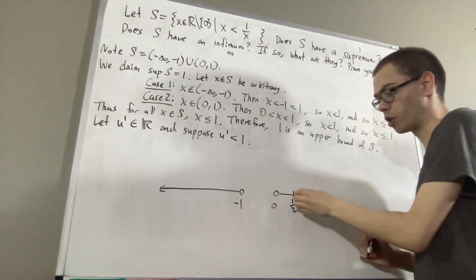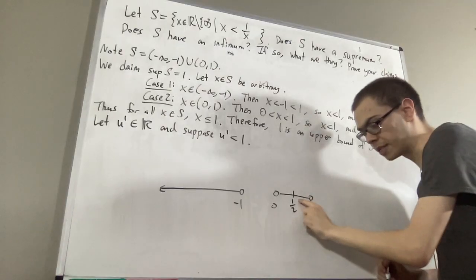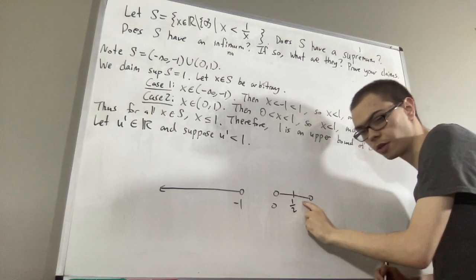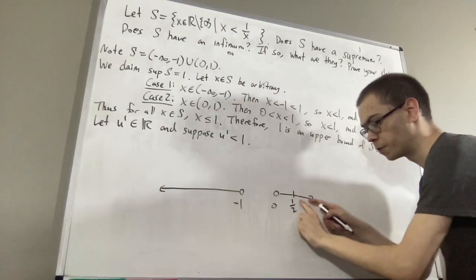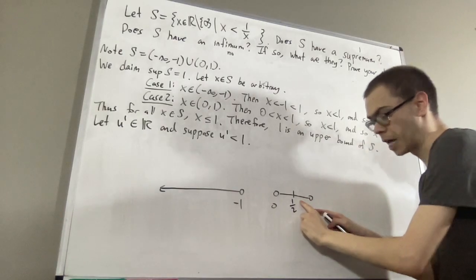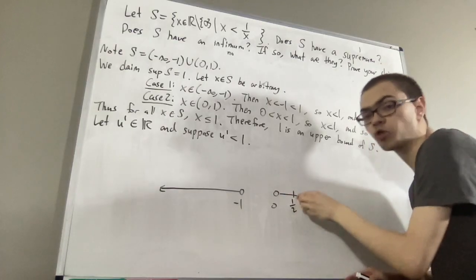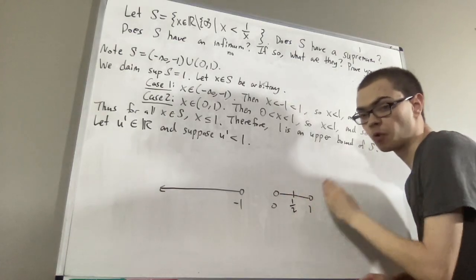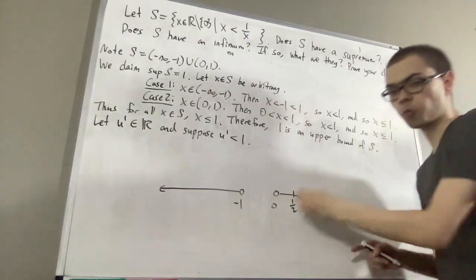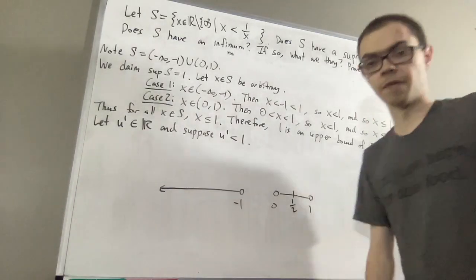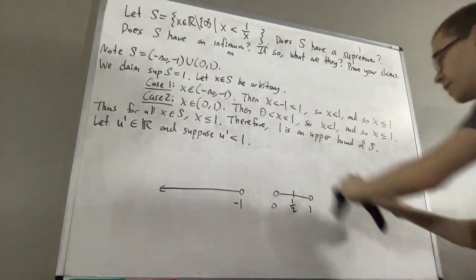Otherwise, if u prime is greater than or equal to 1/2, u prime lies somewhere in here. So then if we consider the average of u prime and 1, the average of u prime and 1 lies in this interval. U prime is strictly less than the average of u prime and 1. So u prime is strictly less than some element of S. So we're going to split it up into cases that way.